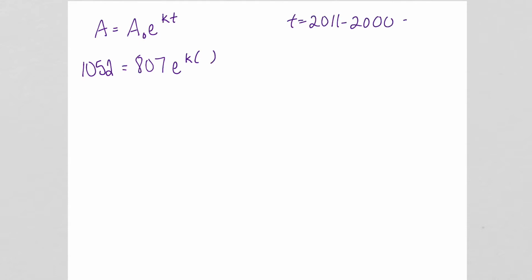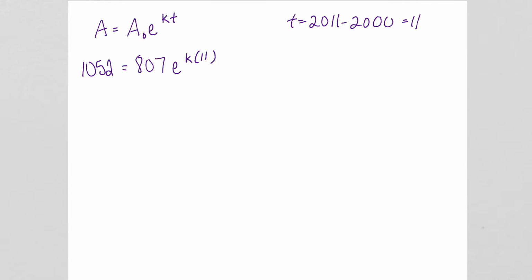We'll use our function A equals A naught times e to the kt. So A naught is the original amount, 807. A is the amount that we have now, 1,052. And t is the number of years from where we started to where we are now. So 2011 minus 2000, t is 11. And now we just solve this for k.